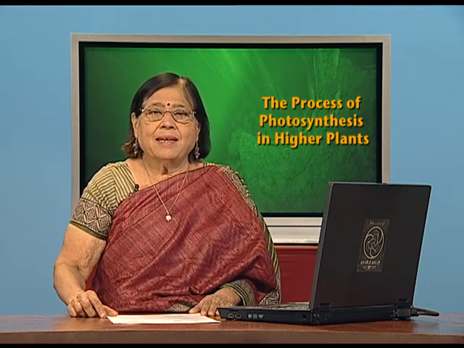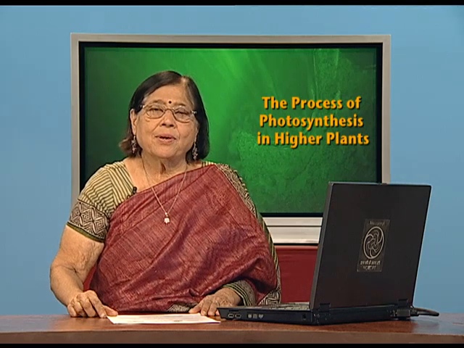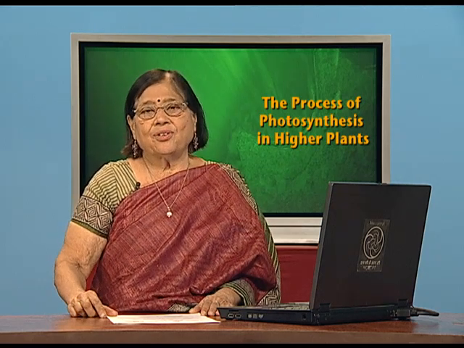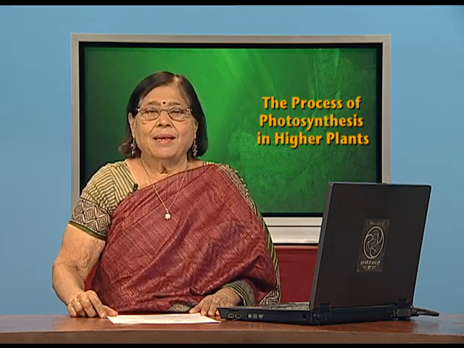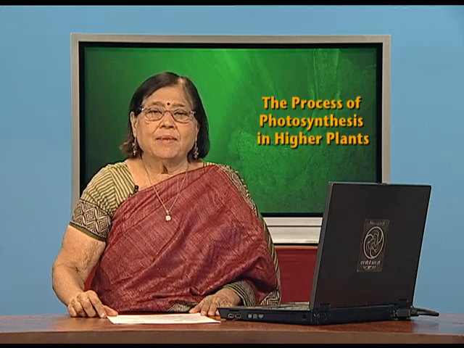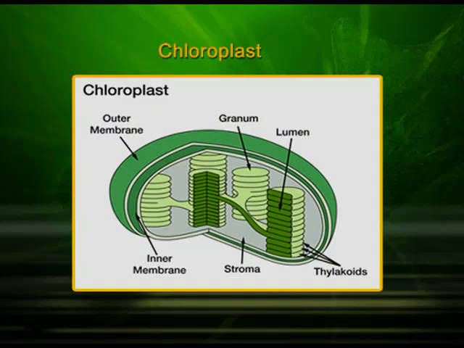When we are discussing chloroplast, it is important for us to know its structure. You can see in this diagram there are areas called grana and stroma, and there is a membranous structure, the stromal lamellae and grana lamellae, and of course the fluid stroma.